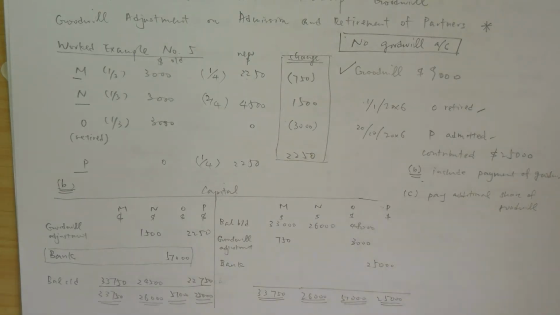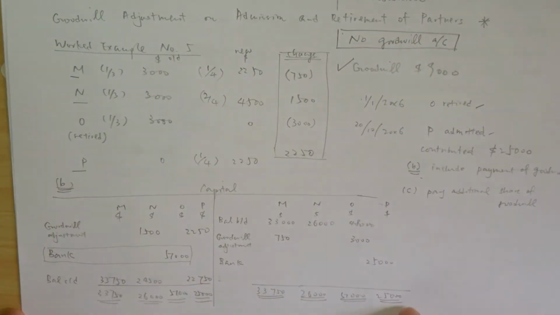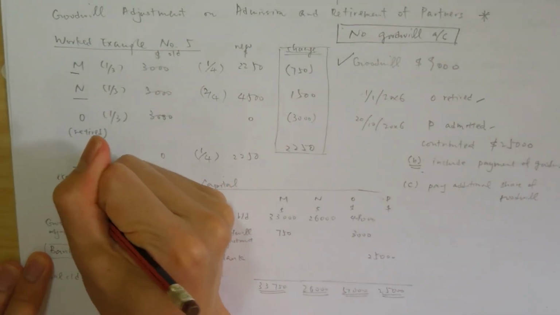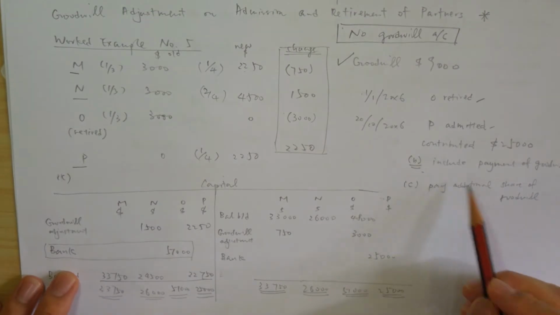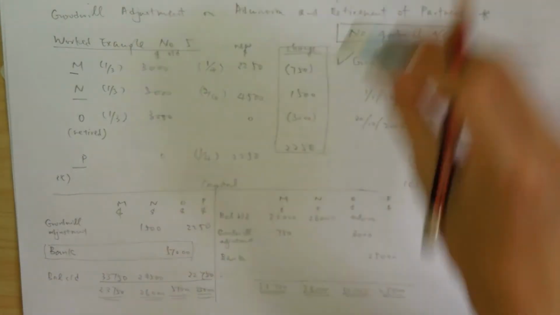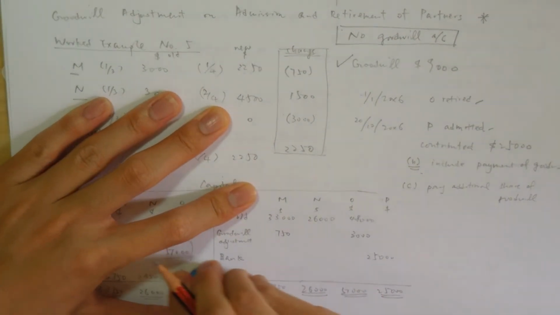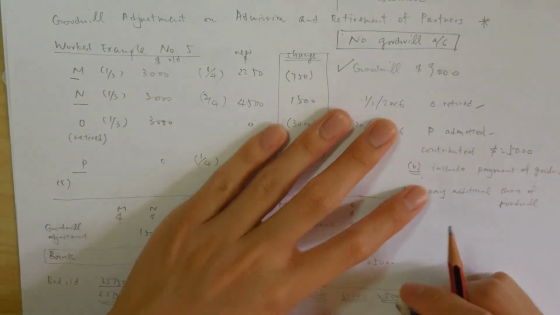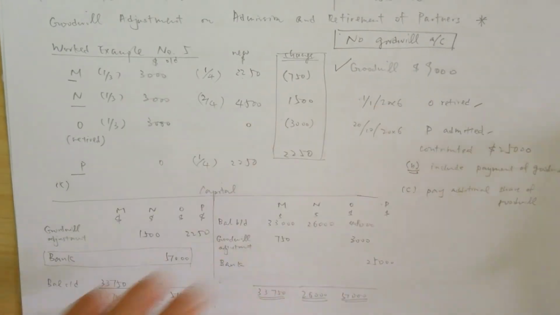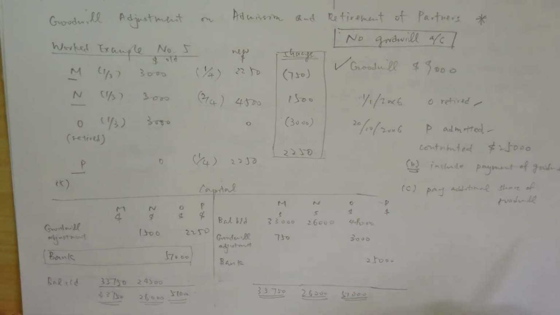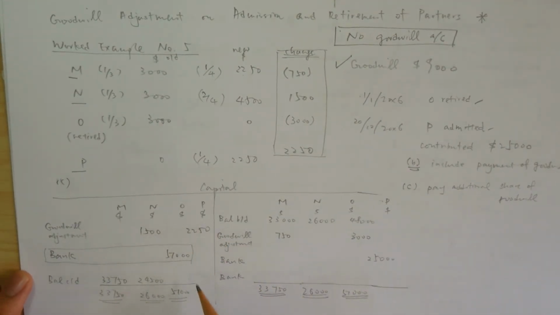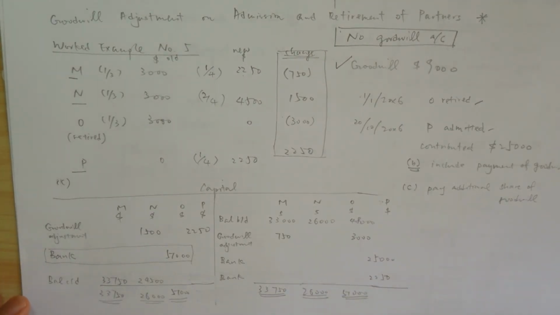If I change to part C, what will be the changes? P pays an additional share of goodwill. Then the balance carried down of only P will change. Why will P's balance carried down change? Because P will pay the additional goodwill share, that means this amount of 2,250.